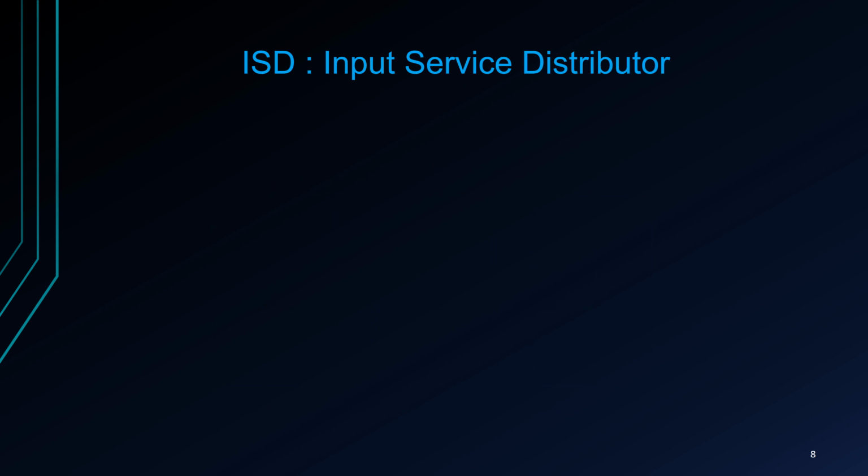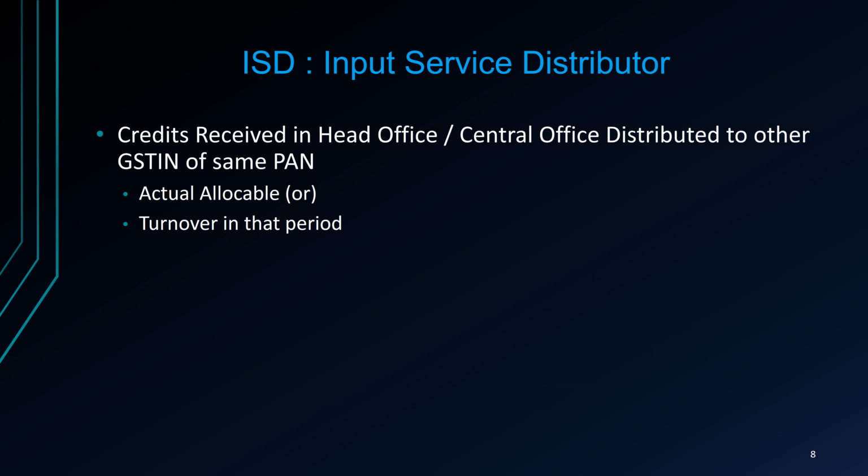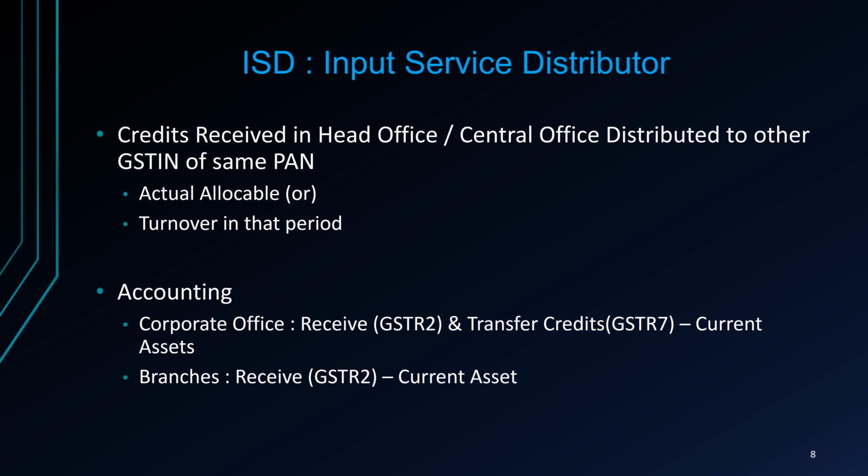There is one other change which happened, which is the input service distributor, wherein you are an input service distributor, like a head office which collects the services on behalf of other branches. So you will be distributing the credits on an actual allocable basis or turnover in that period to all the branches.